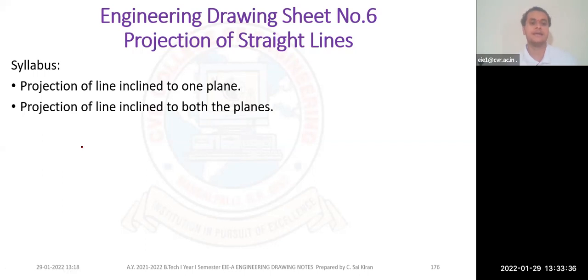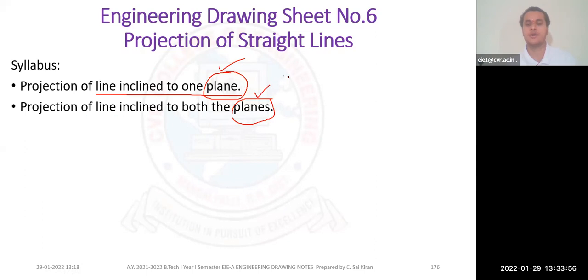One is projection of a line inclined to one plane, which can be the horizontal plane, vertical plane, or profile plane. The other is projection of a line inclined to both the planes. If the same line is inclined to the vertical plane and horizontal plane simultaneously, what is the inclination?